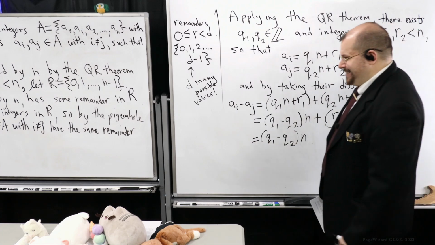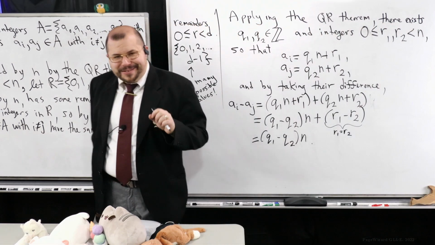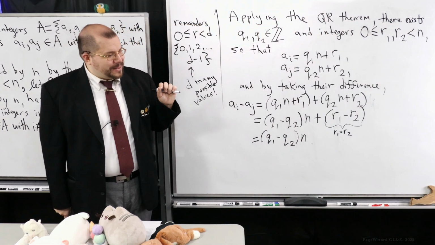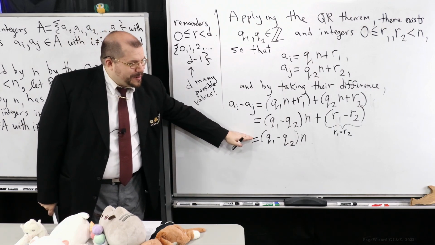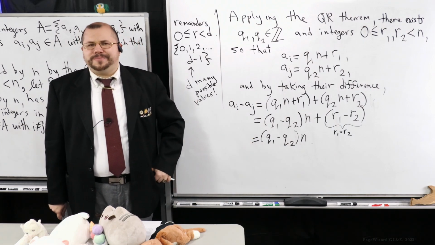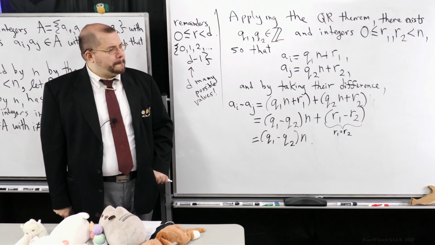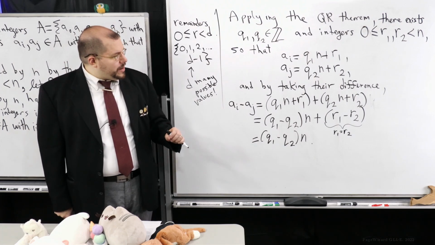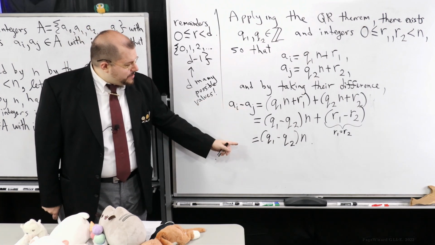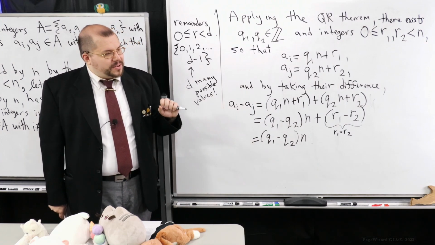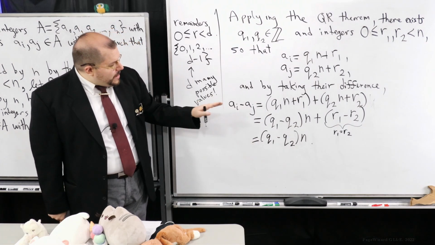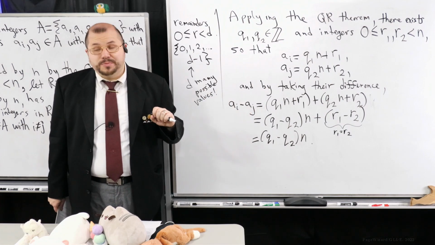Are we done yet? Not technically, but there's something very important I want you to observe. What did we say for an integer? Keep in mind that Ai minus Aj is equal to this. So what did it mean for me to say that Ai minus Aj is divisible by n?